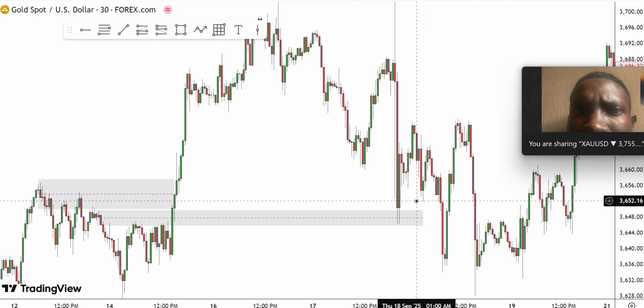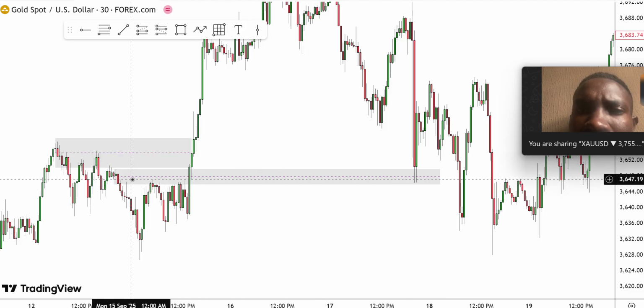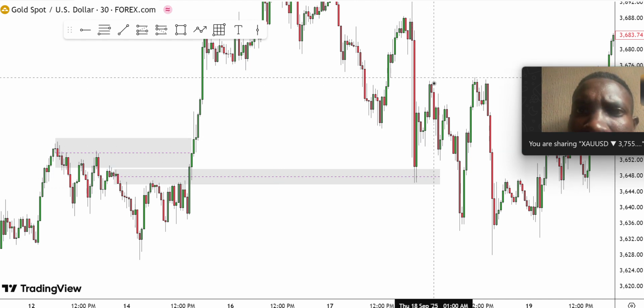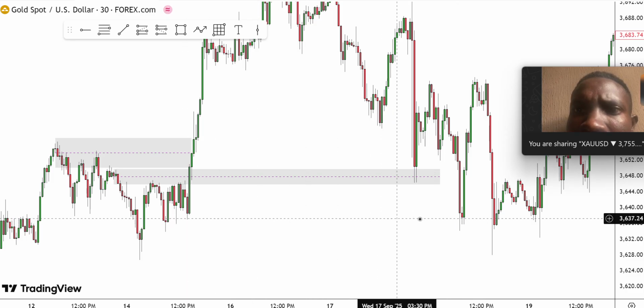Although most times breaker block is not a good enough place to use for long-term holding demand, because sometimes it fails. Look at this now. We had the breaker block here. Price tapped into it, went up a little bit, and then just dumped and took everything.